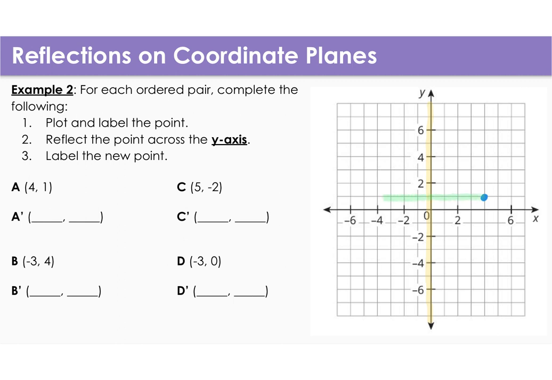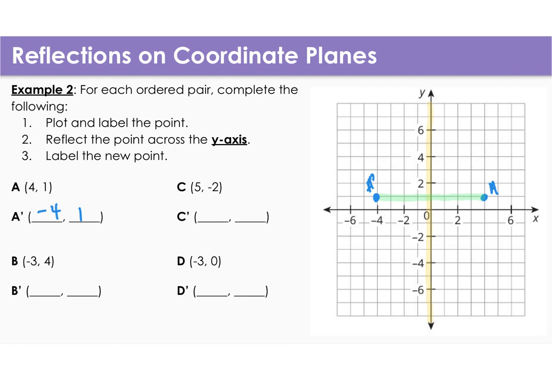That means I'm going to go 4 spots on the other side as well for the reflection across the y. So we have A and A prime. So my coordinate for that is -4, 1.